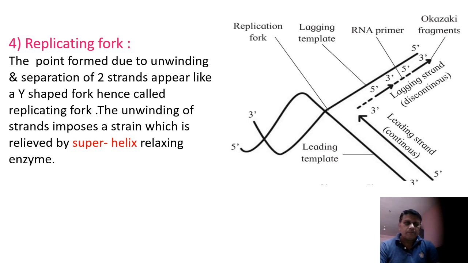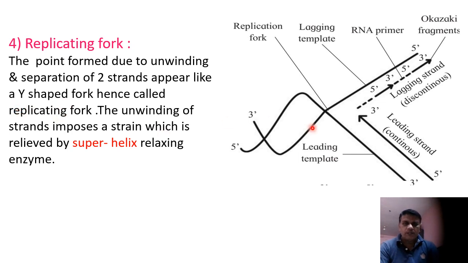Now the fourth step in the process of DNA replication is formation of a replicating fork. We have seen in the previous step that unwinding of the two strands occurs, and due to this unwinding and separation of the two strands, a Y-shaped structure is formed, and it is called a replicating fork.